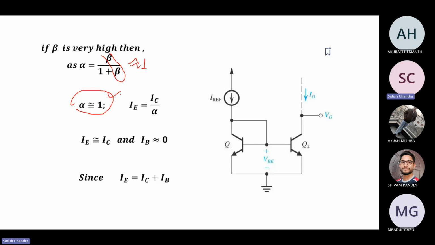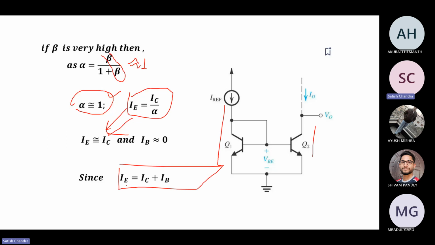It means alpha is equal to 1, and that means I is equal to IC. Due to that, we are going to attain the same value throughout this region and this region, because I is equal to IC plus IB.